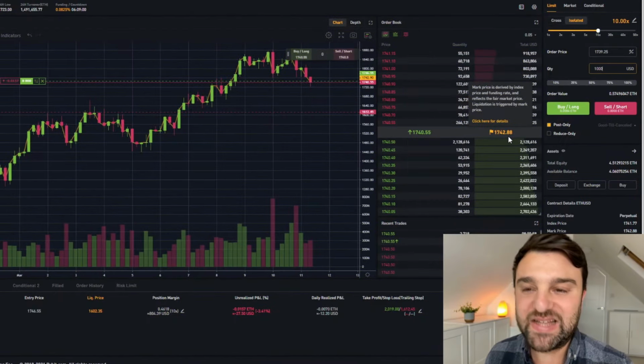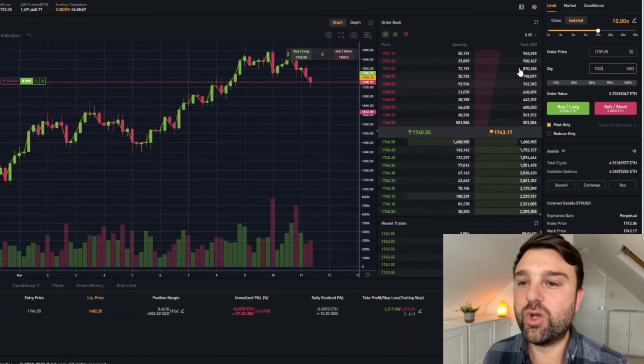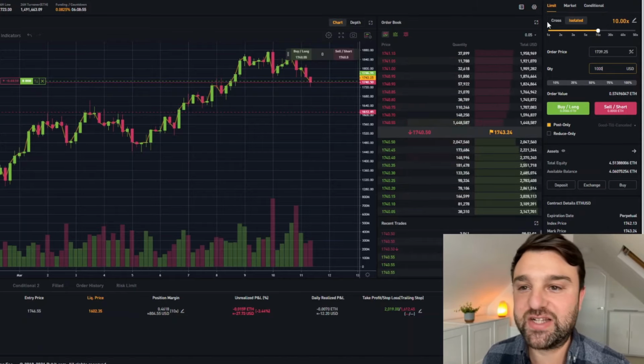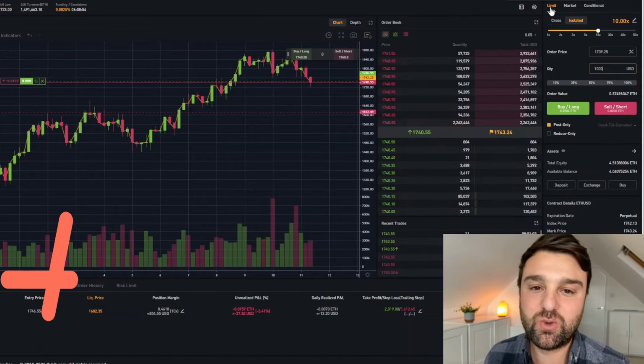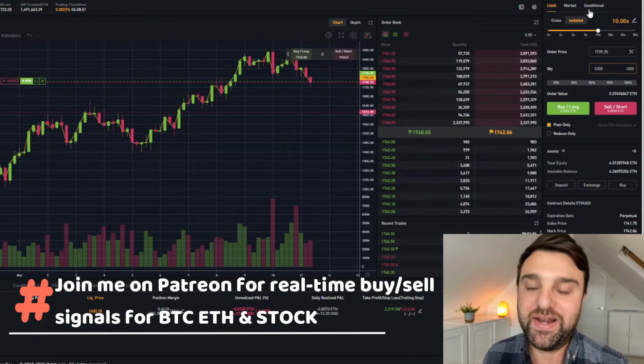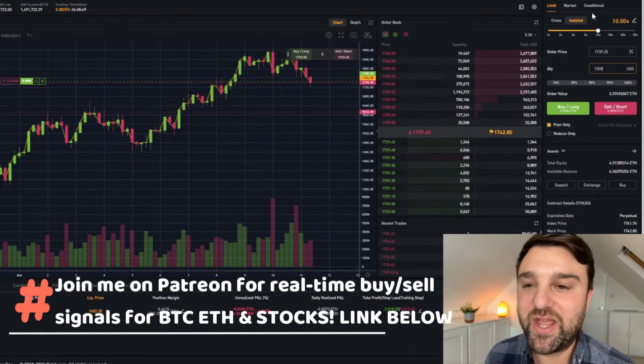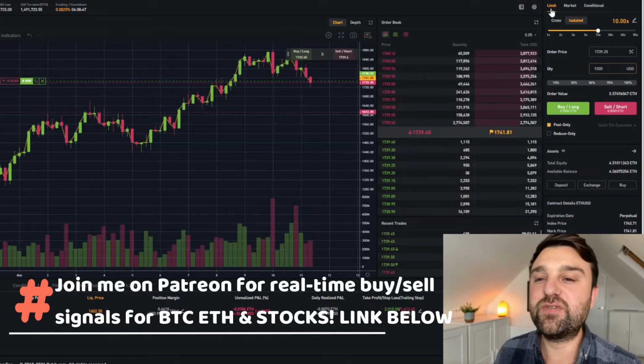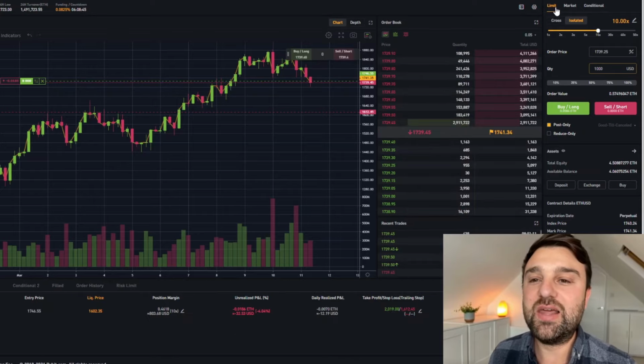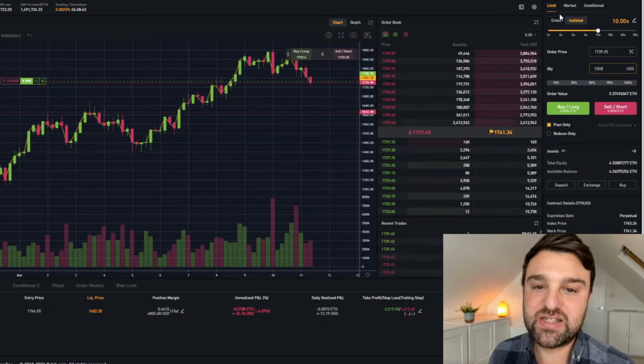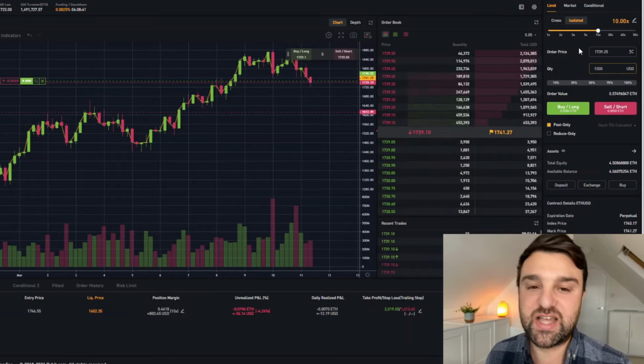So now let's look at the basics of putting on a trade. What you have here are three different trade types: a limit order, a market order, and a conditional order, and I'll explain what each one of those are. First of all, a limit order is there so you can set the price at which you want to enter a trade.